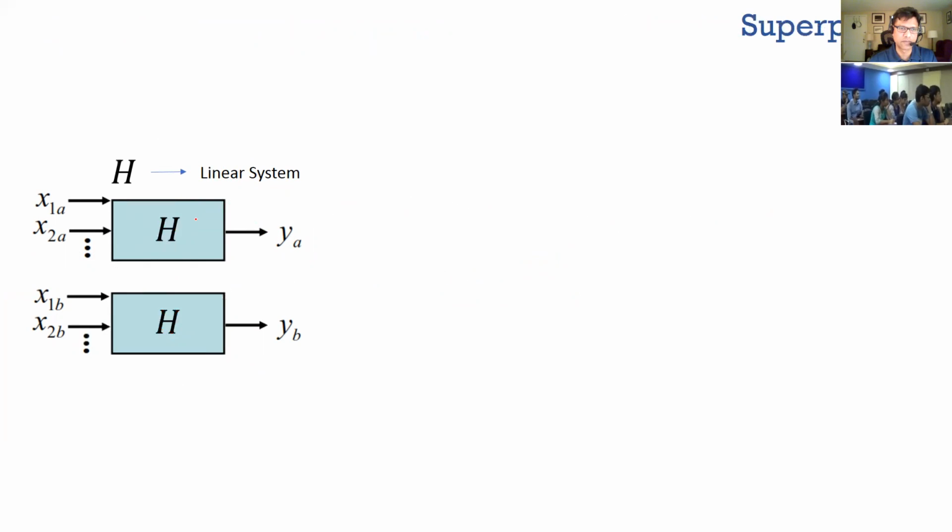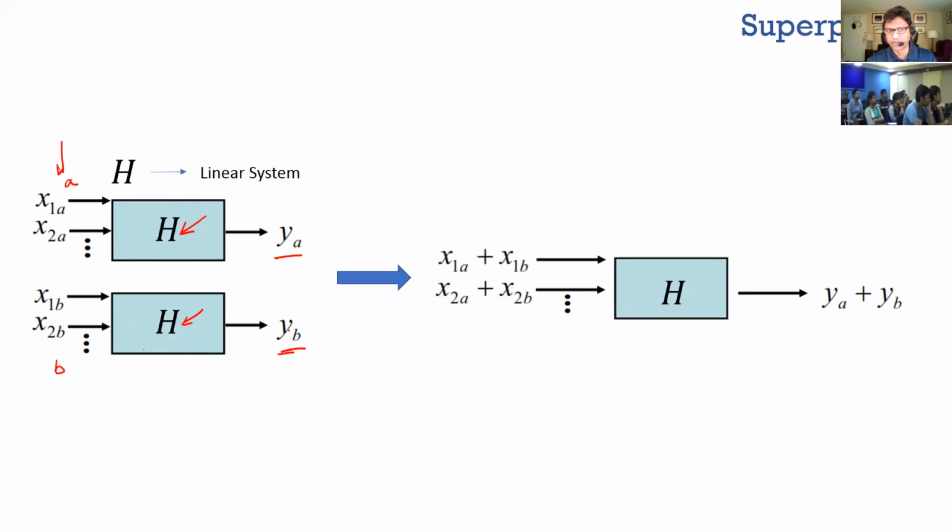If you have a linear system, which I'm calling H, and if you give it a set of inputs, with subscript A, and you get output YA, and if you take that same linear system and give another set of inputs, subscript B, then you get YB, then the superposition principle basically says that if you give both sets of inputs together to this linear system, then you can add these two outputs, which were independently achieved from a set of inputs x1a, x2a, and so on, and x1b, x2b, and so on.